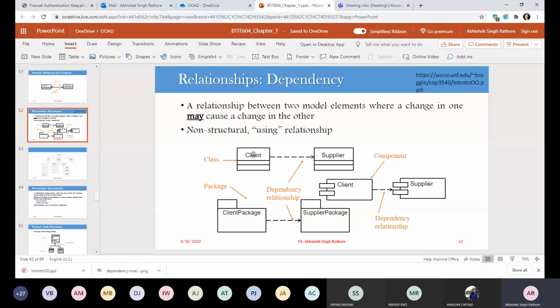This dependency relationship is between named elements, like classes, interfaces, components, artifacts or packages. So we have various kinds of dependencies available in our UML diagram.